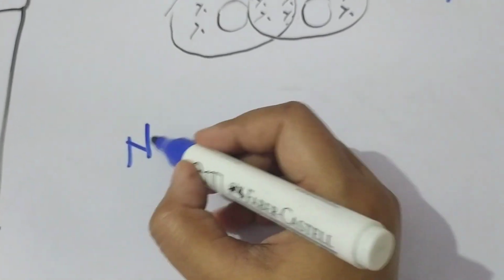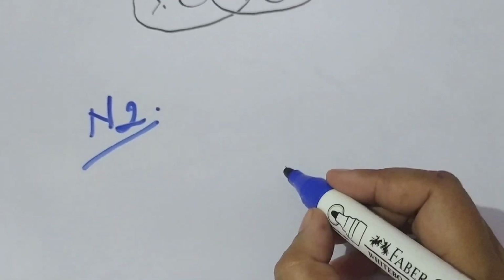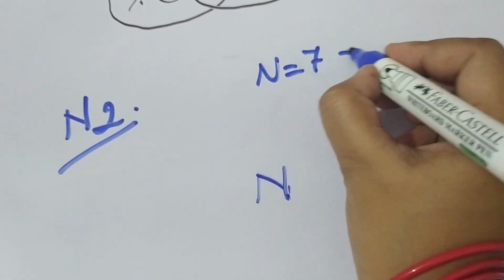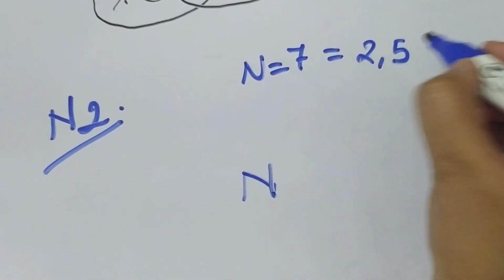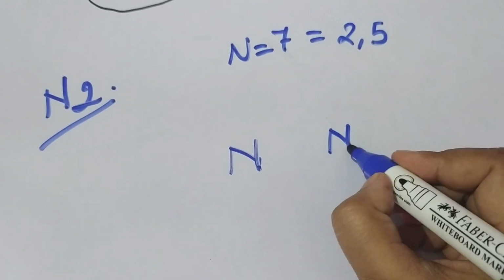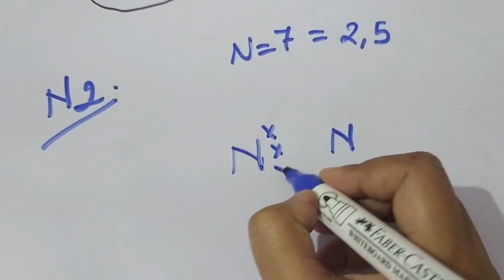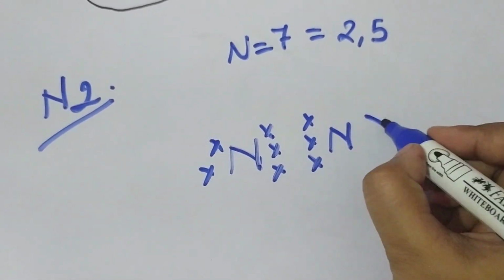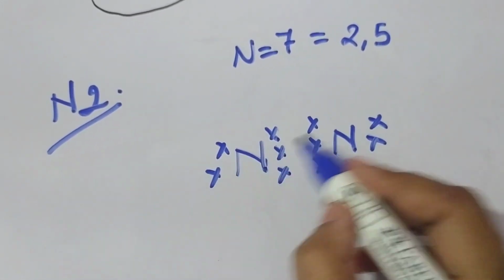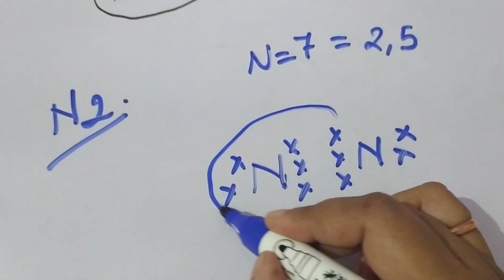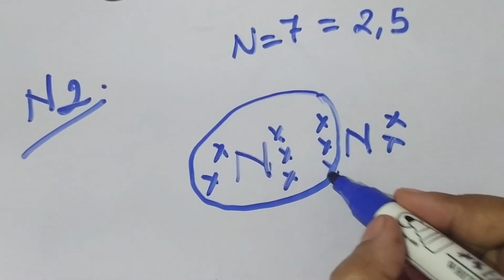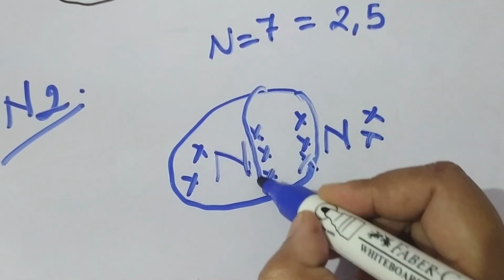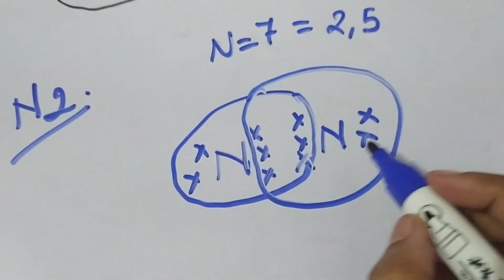Next we'll see the nitrogen molecule. Nitrogen has atomic number 7, so the configuration will be 2, 5. So with 5 electrons it will share 3 electrons to become 8. So I will draw 3 electrons on the inner side of the nitrogen atom and 2 more on the outer side. We are dealing only with the valence electrons, so 5 each. Now if it shares these 3 electrons with the other atom, it will have 8 electrons, and these electrons are being shared by this nitrogen atom.